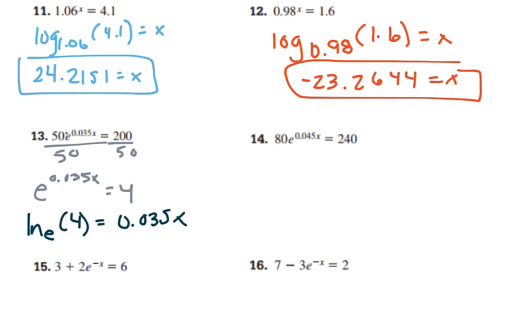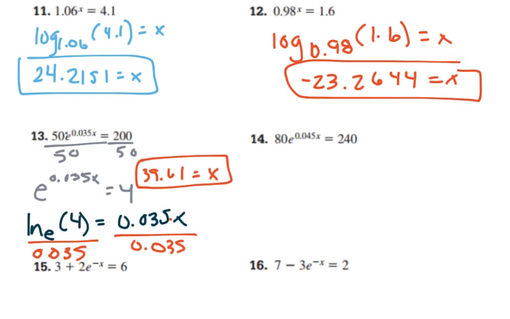But of course that's multiplied, so if we divide 0.035 to both sides, we're going to get an x of natural log of 4 divided by 0.035. And so that gets us a decimal of 39.61.